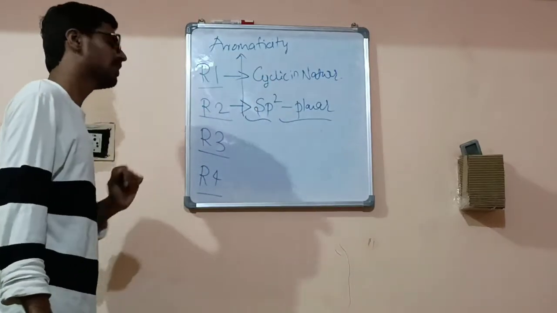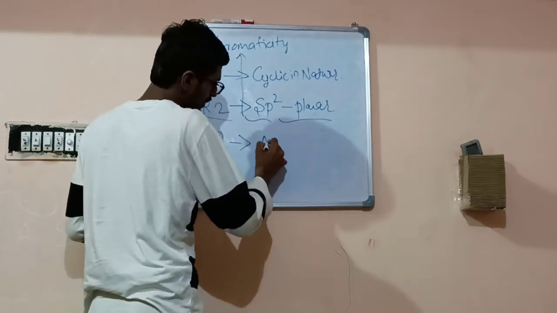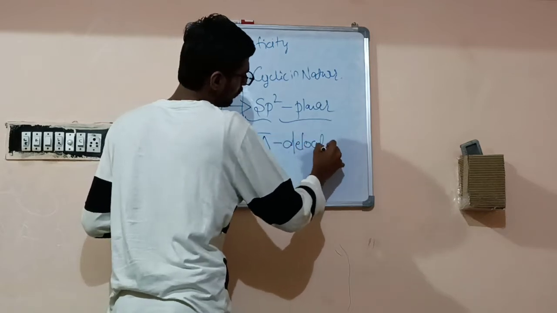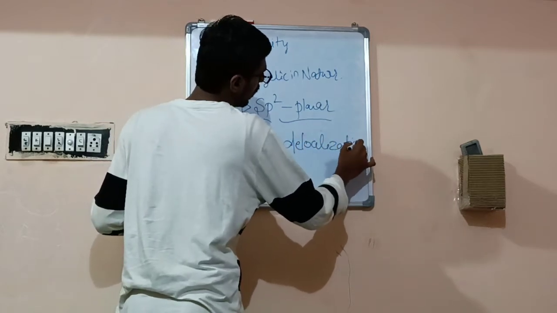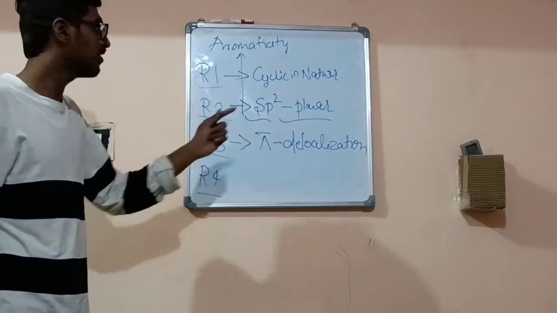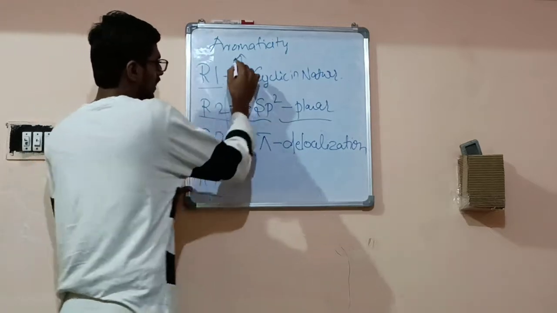Then there is a third rule, that is called what? Delocalization of pi electrons. If pi electrons are delocalized in the shell of that particular compound, then it is said to be aromatic.